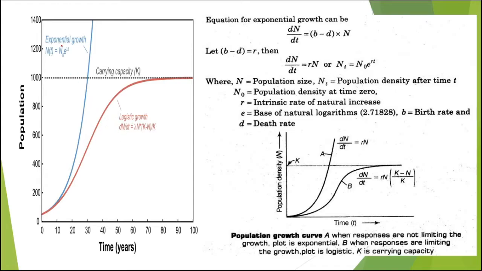This exponential growth can be written as dN by dt is equal to b minus d into N, where b minus d, when we take it as r, will be rN.